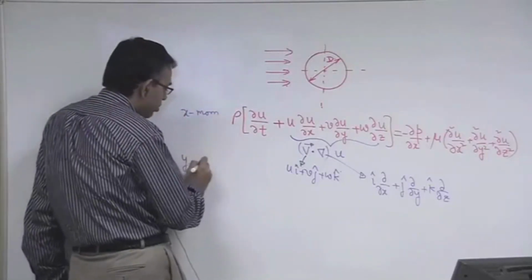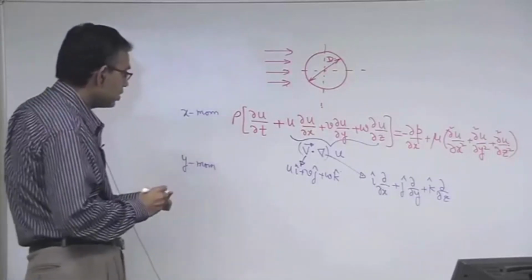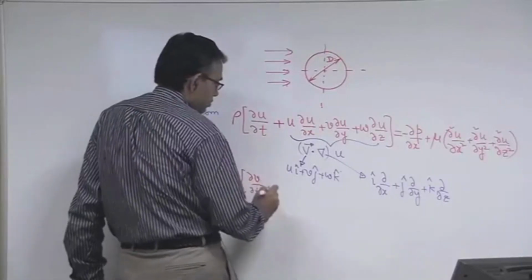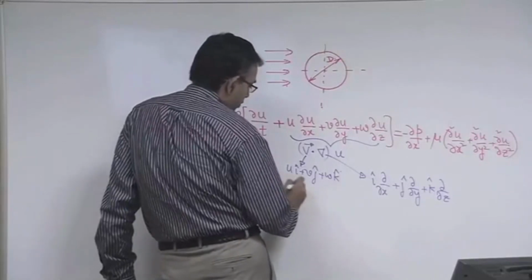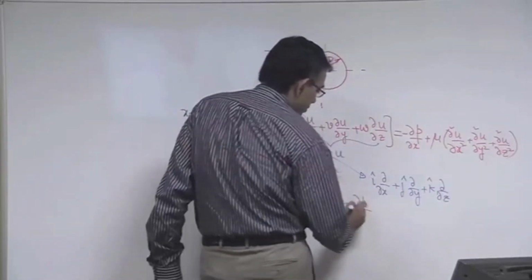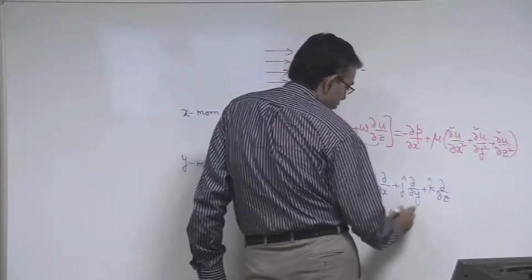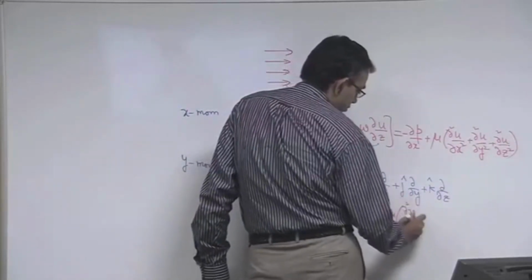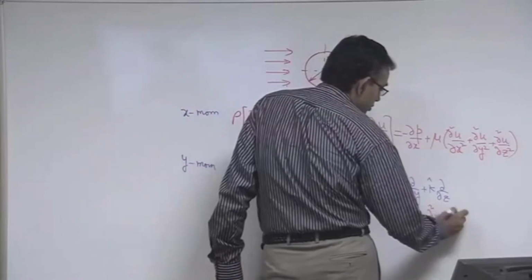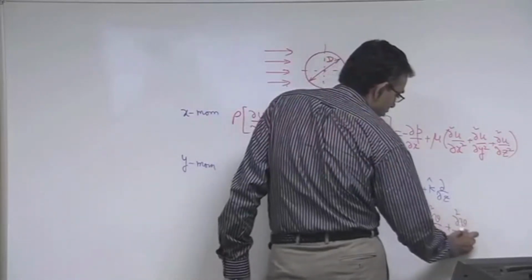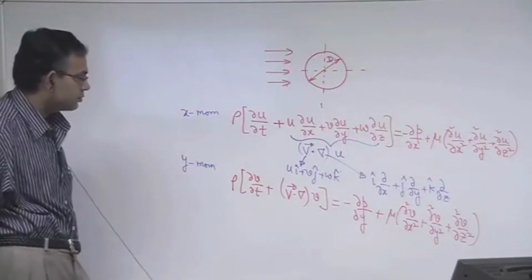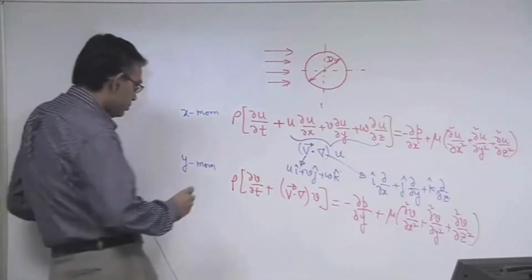Similarly, y momentum and z momentum, let us quickly write. Y momentum, it will be v dot del v. And the z momentum.